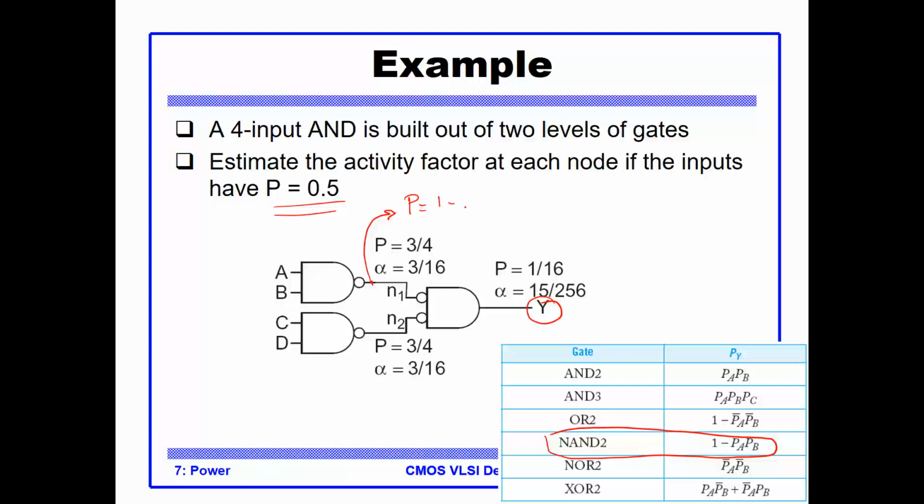It is 1 minus the probability of A, which is half, times the probability of B, which is half. 1 minus 1 over 4 gives me 3/4, and that is the number right here.